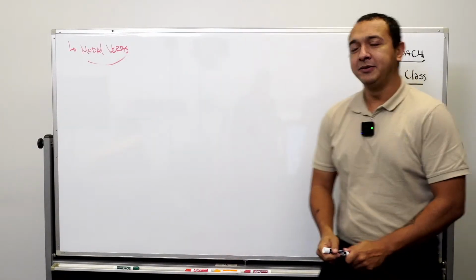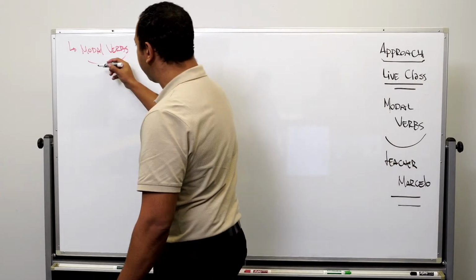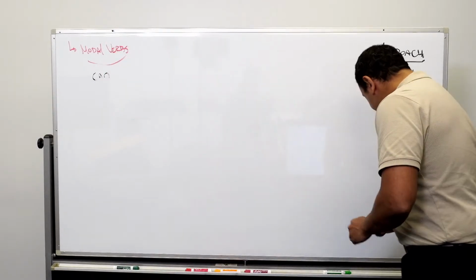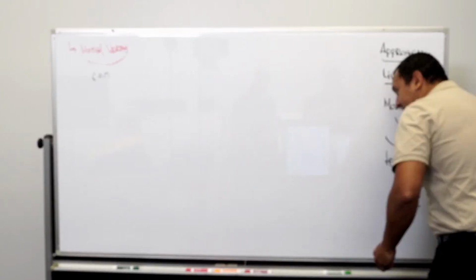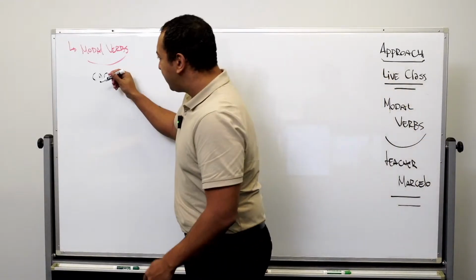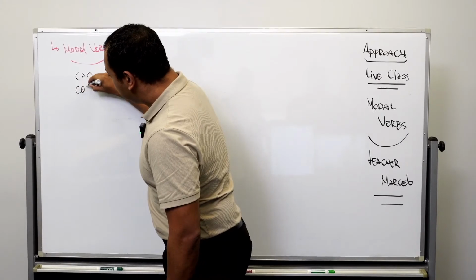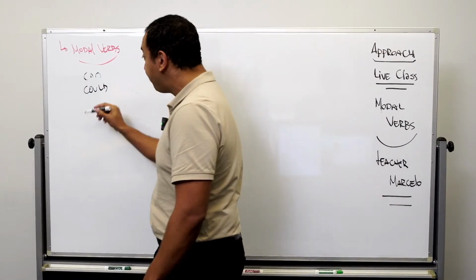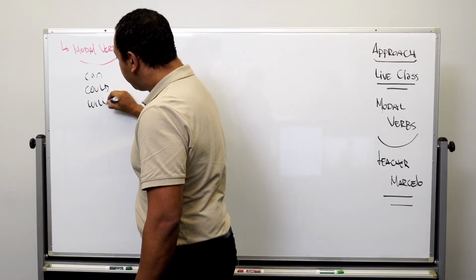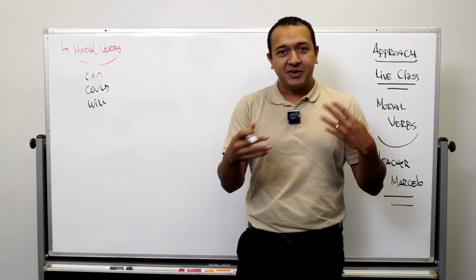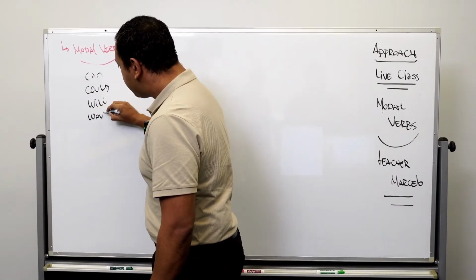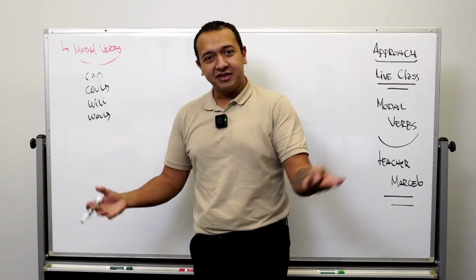I think we can all remember the word can, of course, because can is one of those words, guys, that we use every day, basically. We have the word could, which is basically the past of the word can. We have will, right, which is the modal verb that indicates future. We have would, which is, again, the past of will, right?